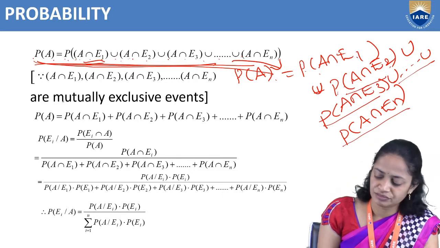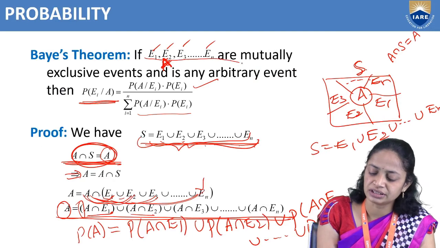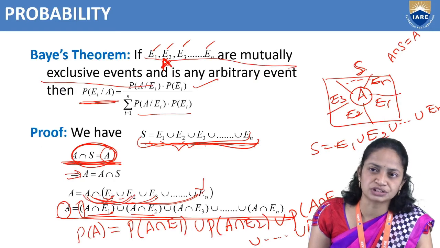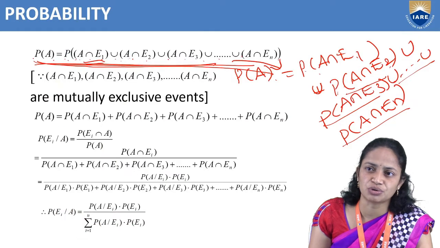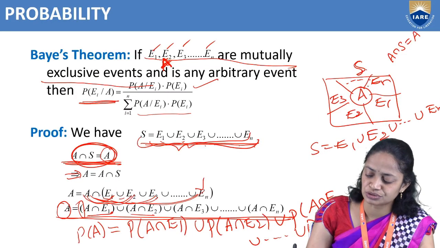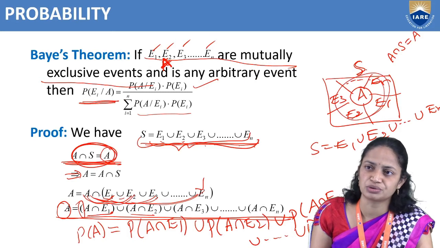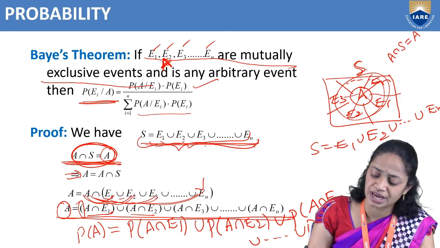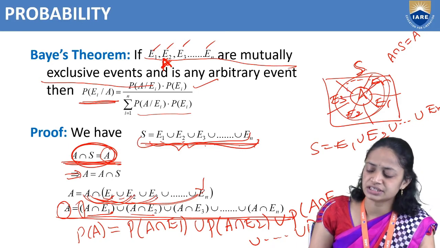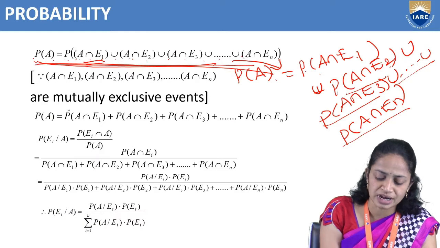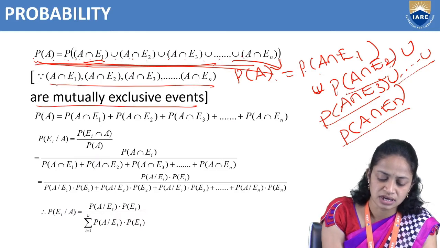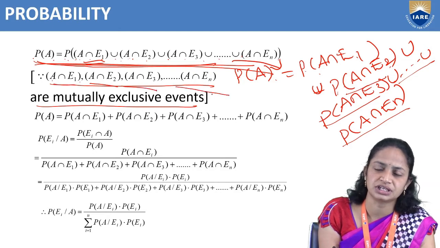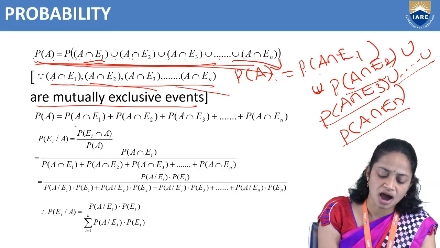But here we know that E1, E2, E3 and so on En are mutually exclusive events. Then A intersection E1, A intersection E2, A intersection E3 and so on A intersection En are also mutually exclusive events.